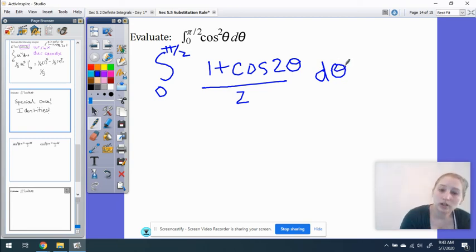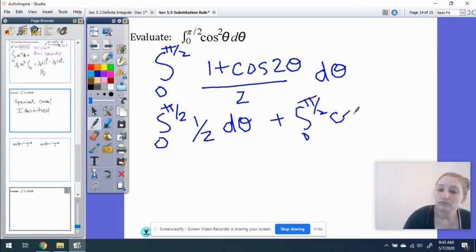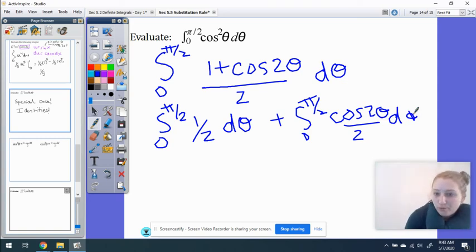Okay, so from here, what I can do is I can actually split up my fraction. So probably the easiest thing to do would be to factor out the 1/2 from each of these.